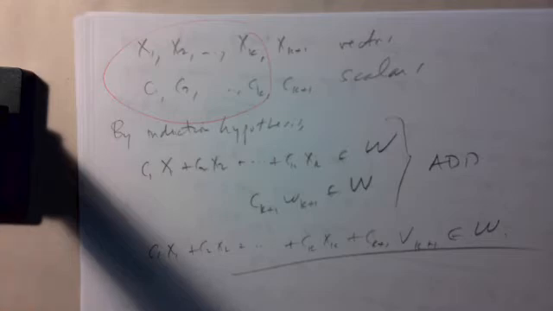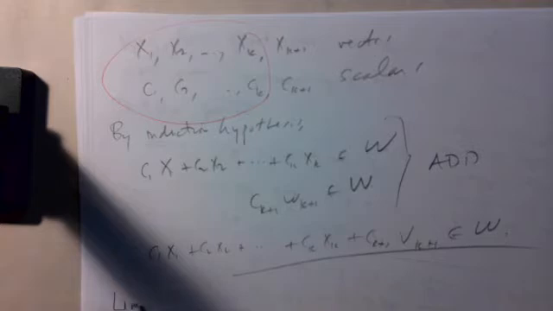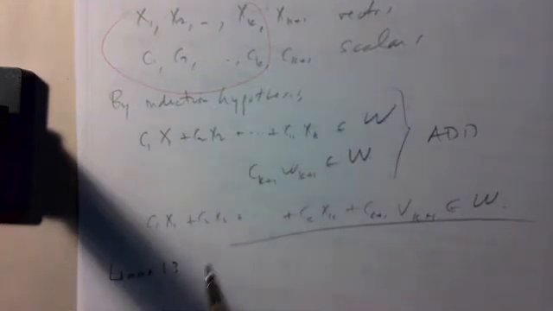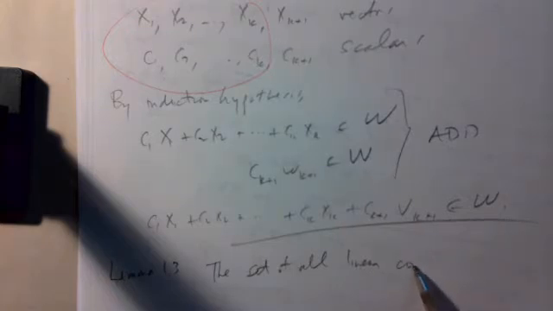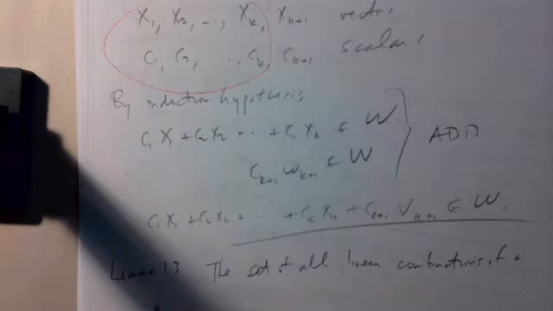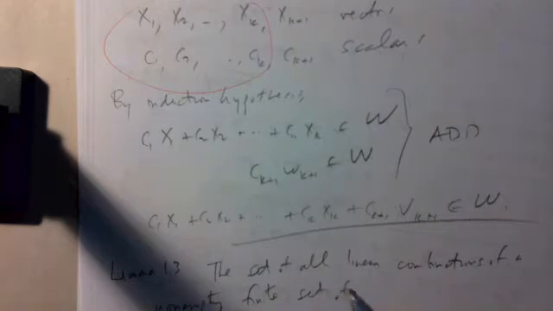And as a corollary of this, we have another lemma, which in the notes is lemma 1.3. The set of all linear combinations of a non-empty finite set of vectors is a vector subspace.